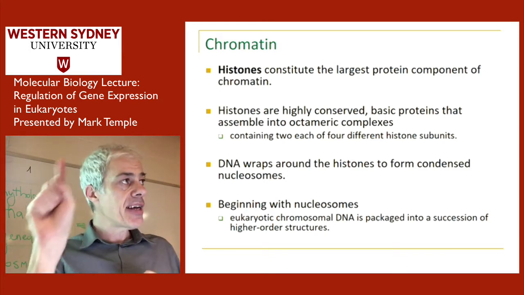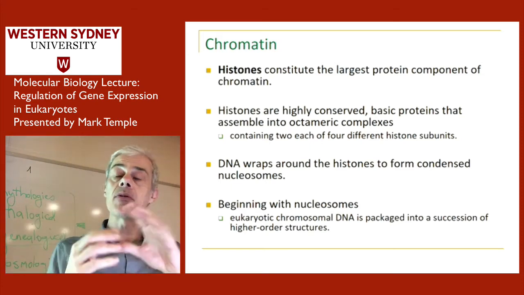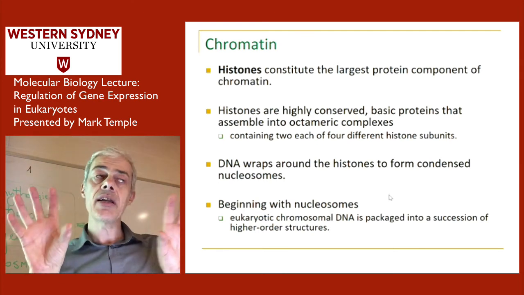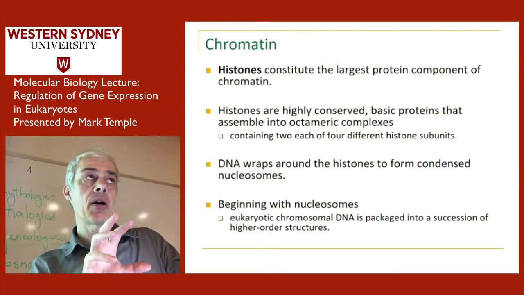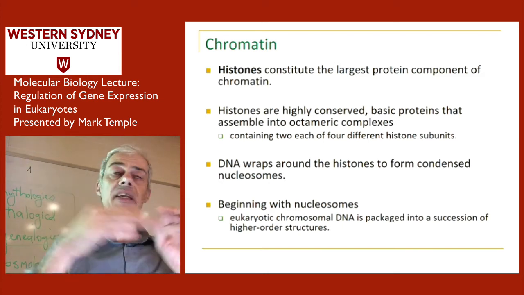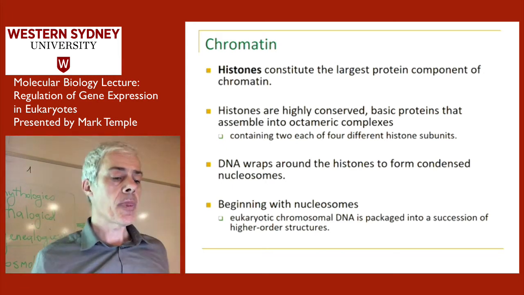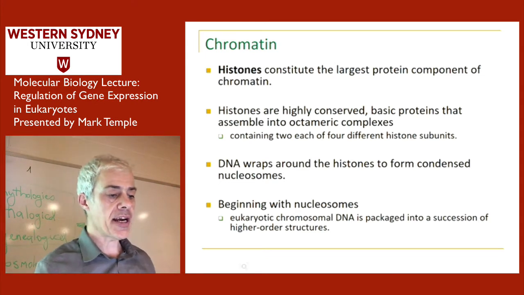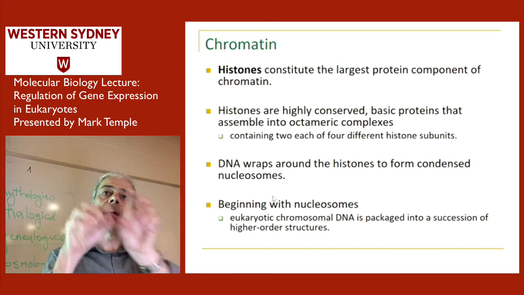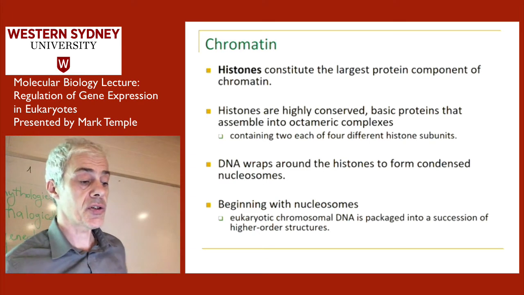If you count the base pairs, it ends up being 146 base pairs of DNA wrapping around the histone proteins. And then between one nucleosome and the next nucleosome, there's a linker DNA. So there's a region of DNA. It could be 100 base pairs, it could be 200 base pairs. It's not as fixed. And then we just have that repeating unit of nucleosome, bit of linker DNA, nucleosome, bit of DNA, nucleosome. We just have a string of nucleosomes across the genome.